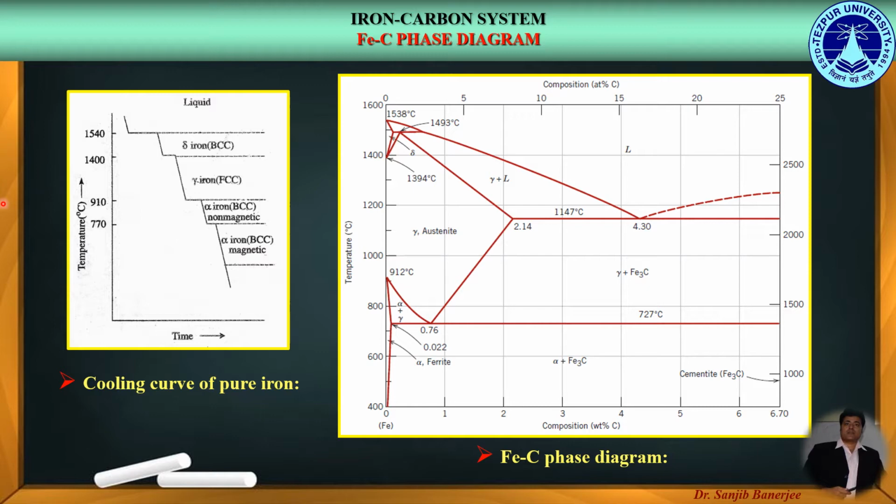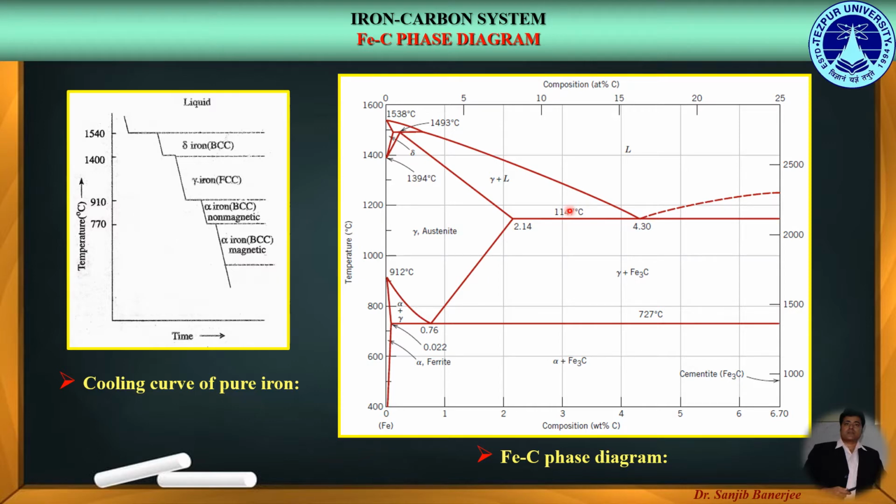Next, we talk about steel and cast iron. The iron-carbon phase diagram may be divided into two portions, the left-hand side pertaining to steels, while the right-hand side belongs to cast iron. It is obvious that the melting point of cast iron is at a far lower temperature than that of steels.